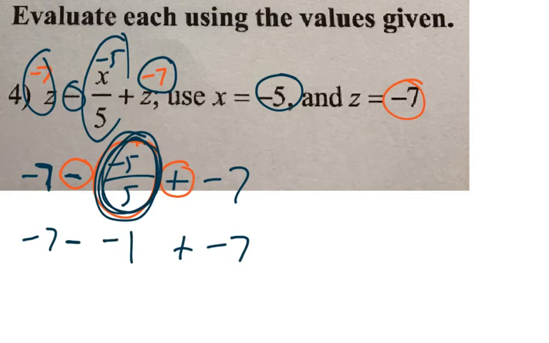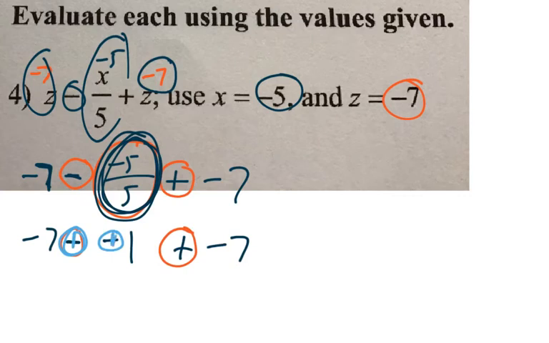Now guys, notice I now have a minus and a plus left over with a bunch of negatives. So, do you agree that this first minus, I'm going to do first because it came first. Plus and minus, guys, you just go in order from left to right. So, if I take that minus with this negative, doesn't it become a plus again?